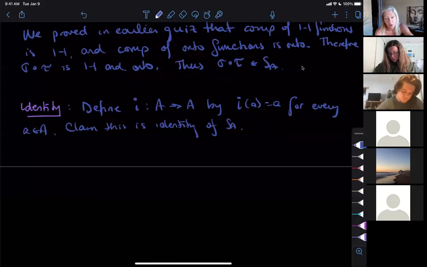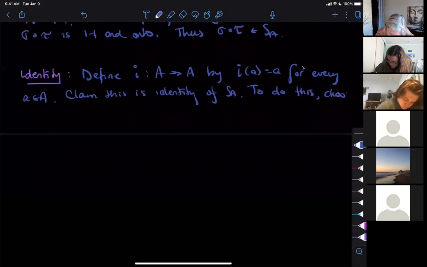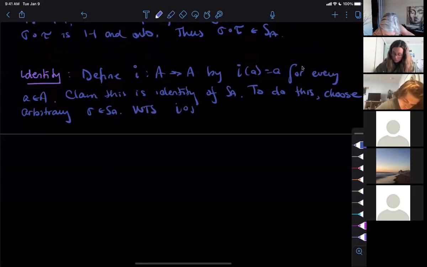And how do you show that? Well, we have to show that composition with some other element doesn't change it. Okay, so to do this, choose an arbitrary sigma in S of A. We want to show that I follows sigma is just sigma, and also sigma follows I is also just sigma.